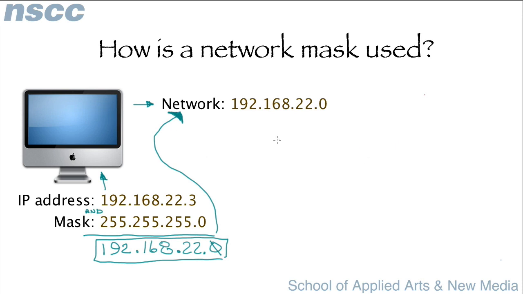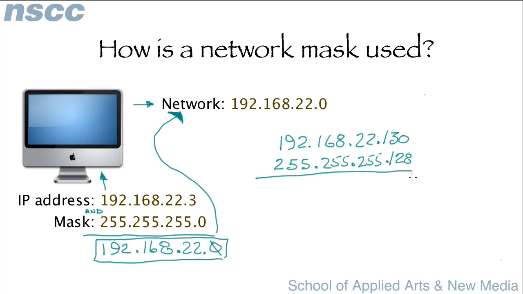Now sometimes network masks can be a little more complicated, so we'll give an example, where we have a network mask that may be different than the two numbers 255.255, and 0. We could have a number here such as 128.